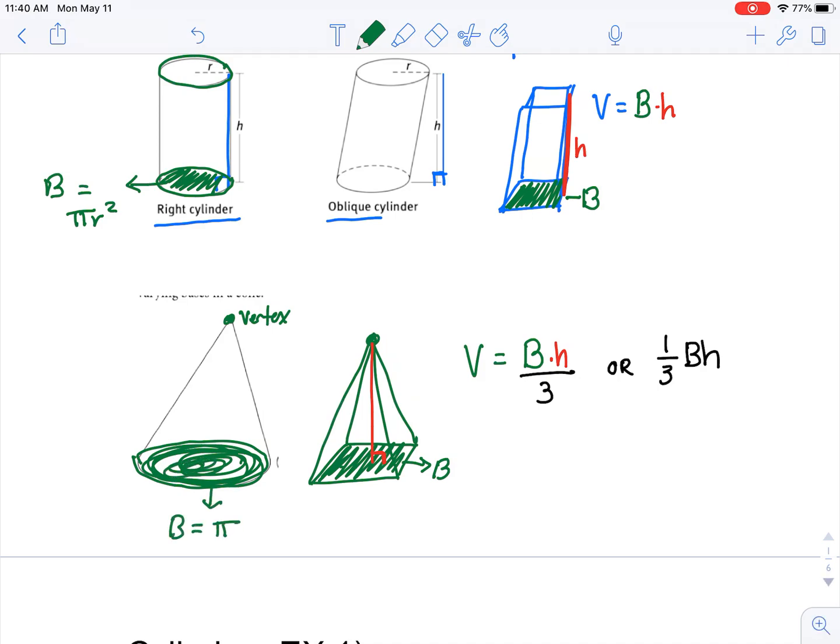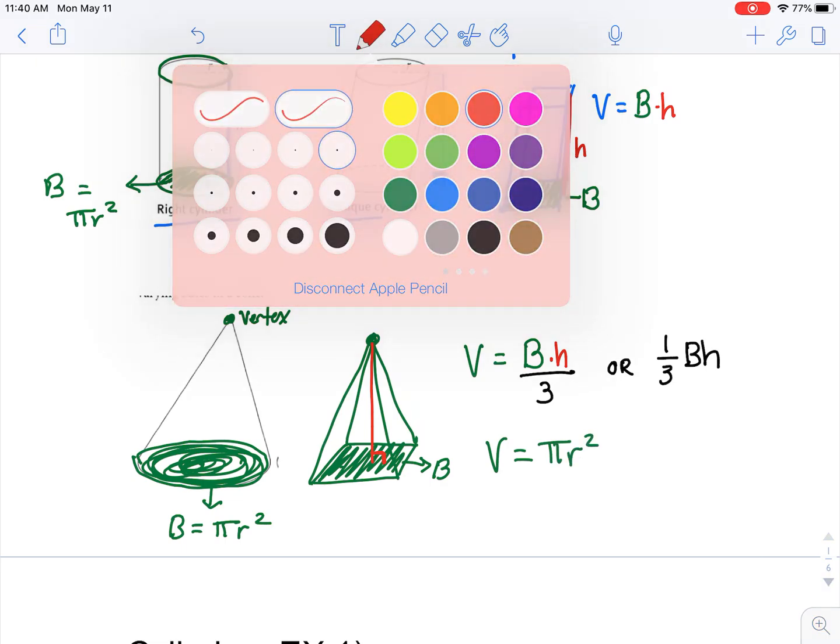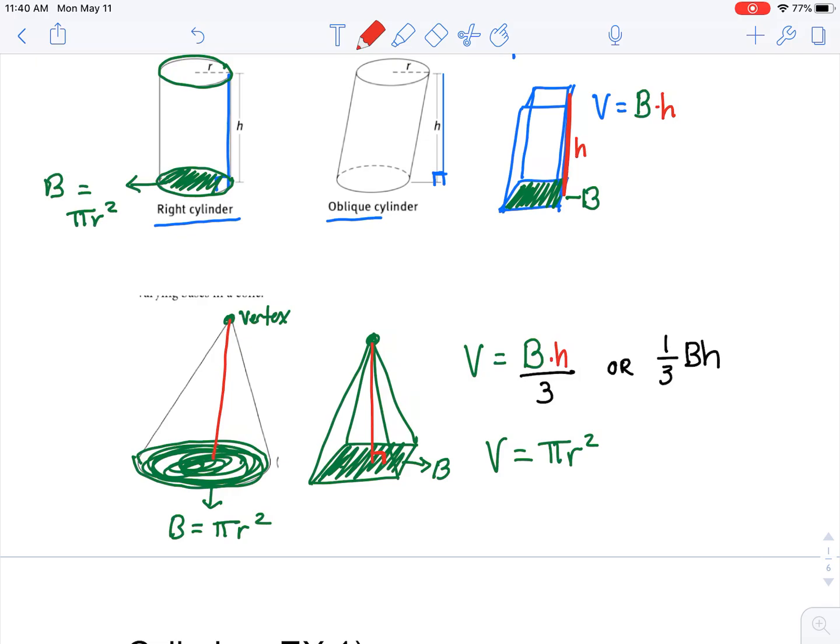Once again, the base is a circle, so we're going to be plugging in the formula for the area of a circle, pi r squared, which means that for our cone, we can do area of base, pi r squared, times the height. Remember that the height has to be perpendicular to that base, and again, divided by 3.